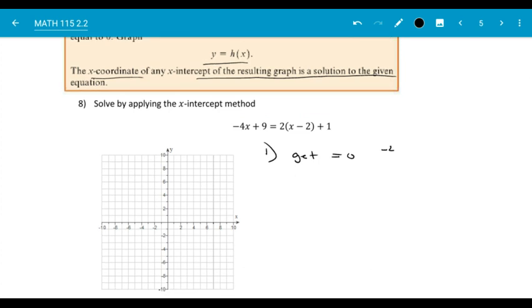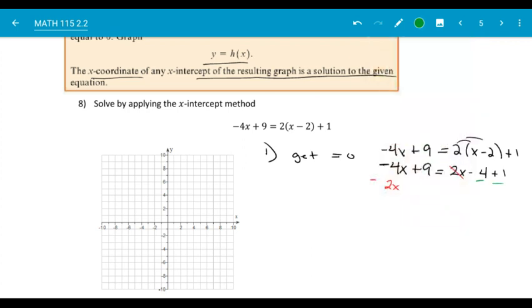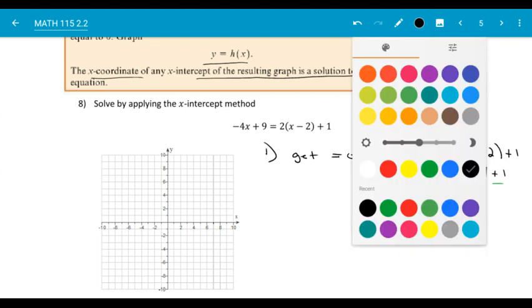So we're starting with negative 4x plus 9 equals 2 times x minus 2 plus 1. So that says negative 4x plus 9 equals, distribute, 2x minus 4 plus 1. So if we subtract the 2x from both sides and combine like terms, negative 4 and negative 2 puts me at negative 6x plus 9 equals negative 3.